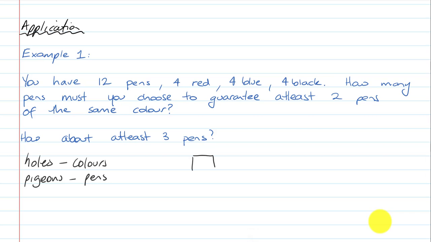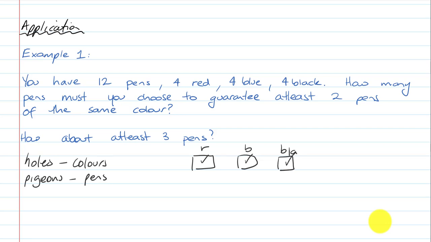Well, our holes are here. There's 1, 2, 3, and they are red, blue, and black. So if I pick 1 pen, it might be red. And if I pick 2 pens, I might have a blue one as well. 3 pens, I might have a black one.